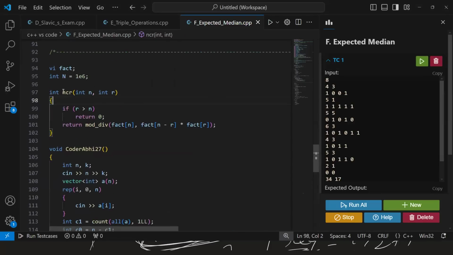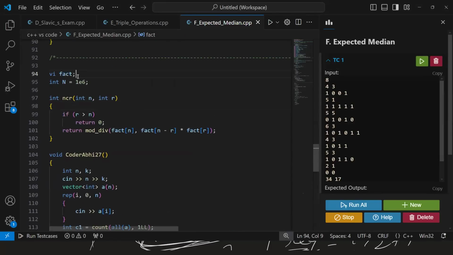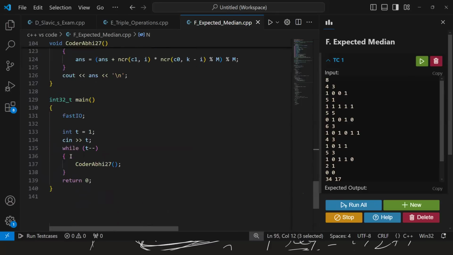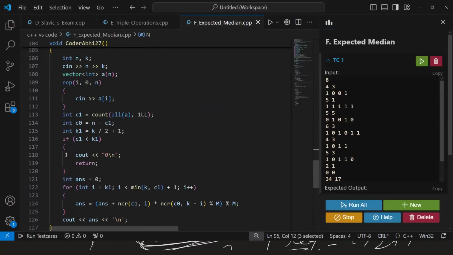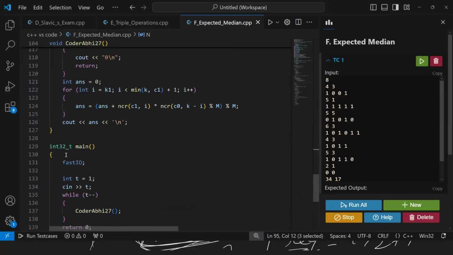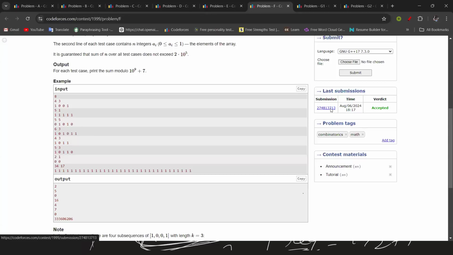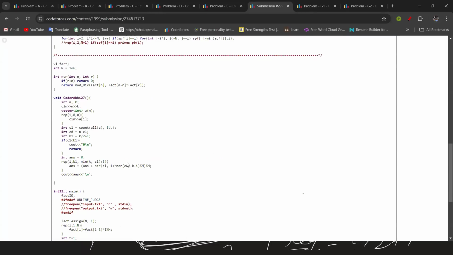Okay, so first we would pre-compute the factorial. Sorry, I removed it from here. Just a second, I'll show you the code from here.